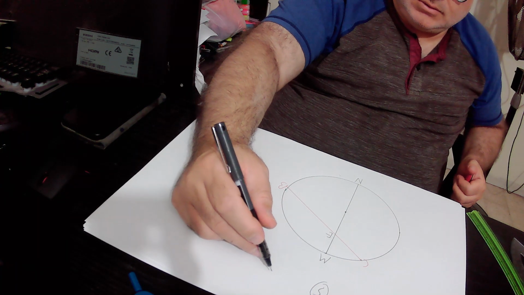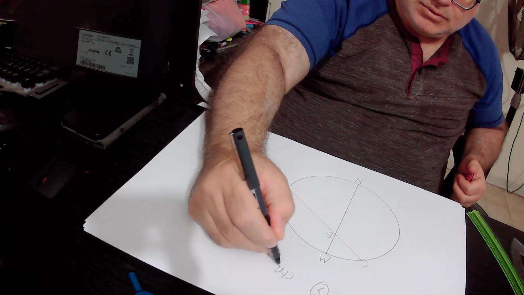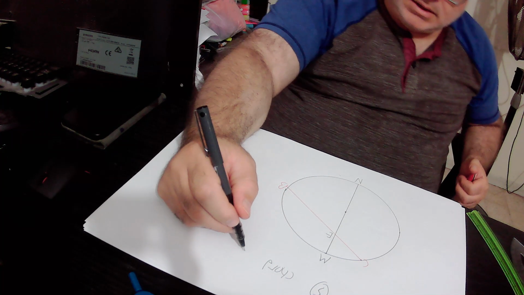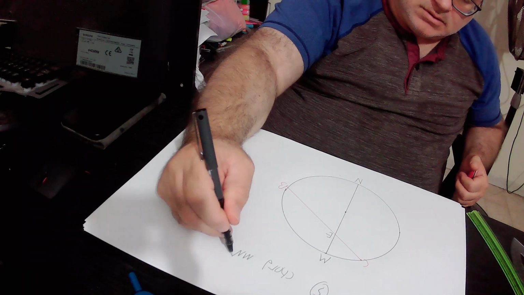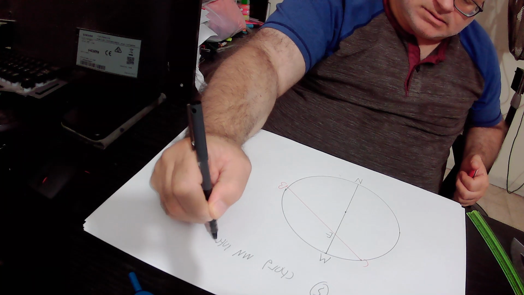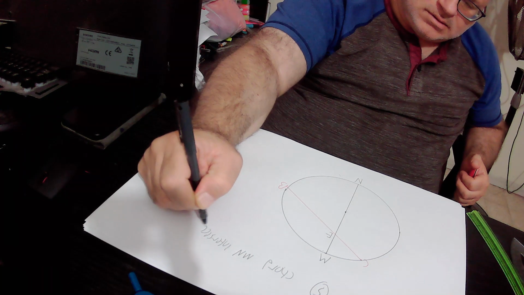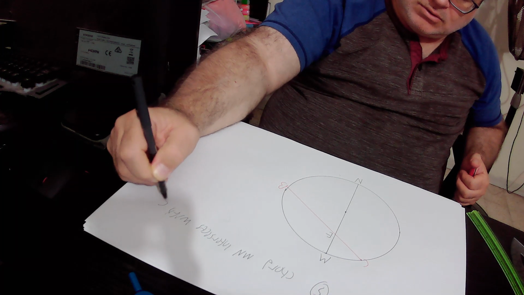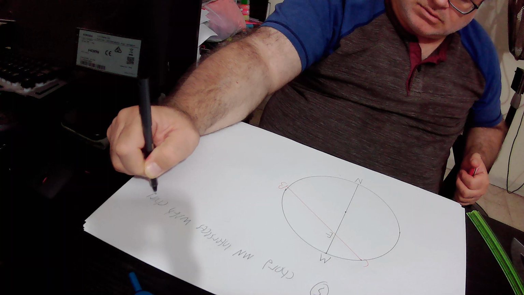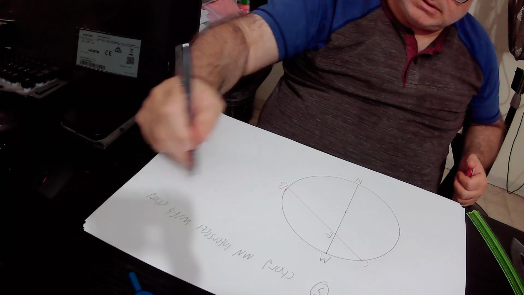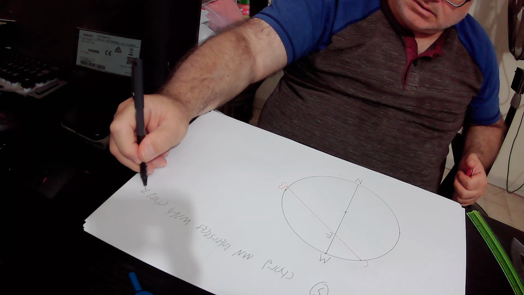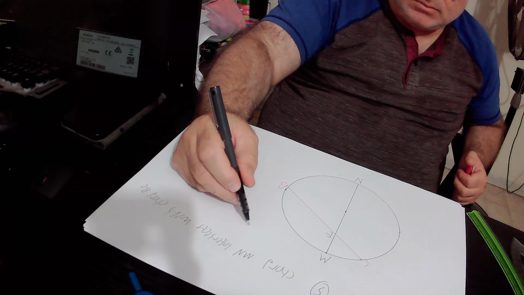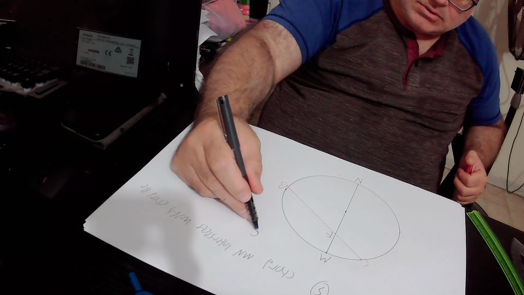We know that chord MN intersects with chord BC or CB. It's point E. Point E is the intersection point between the two chords.